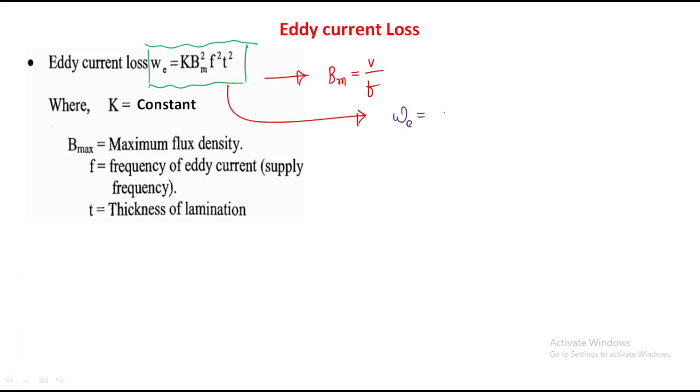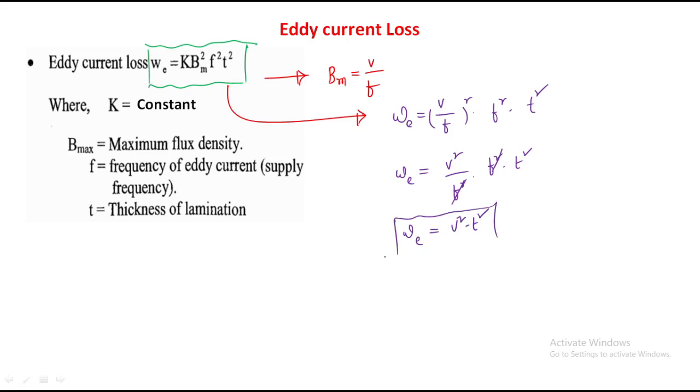Eddy current loss is equal to K, a constant, times (V by F) whole square into F square T square, which equals V square by F square into F square into T square. F square gets cancelled, therefore eddy current loss equals V square into T square.